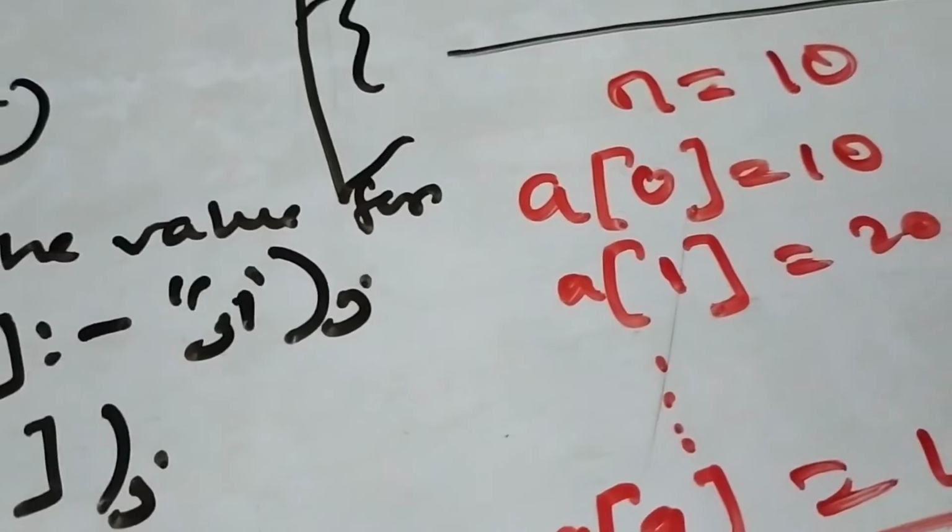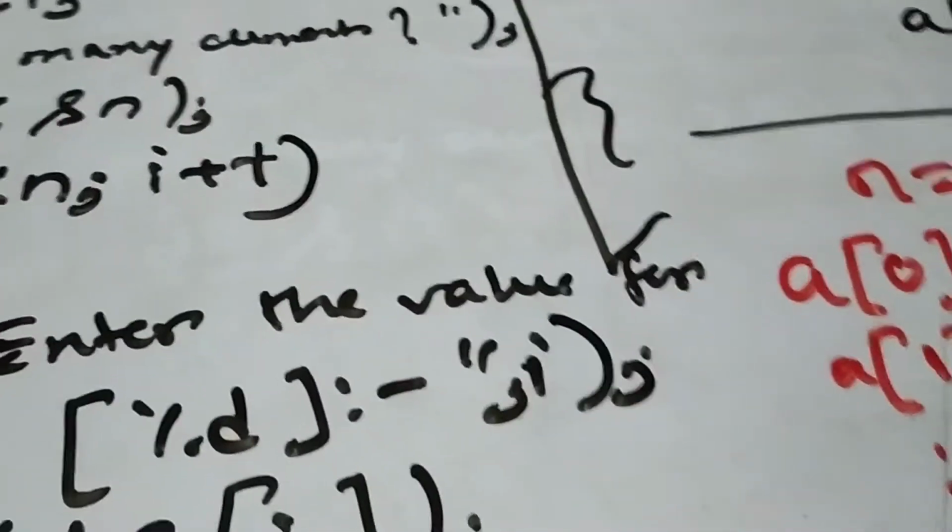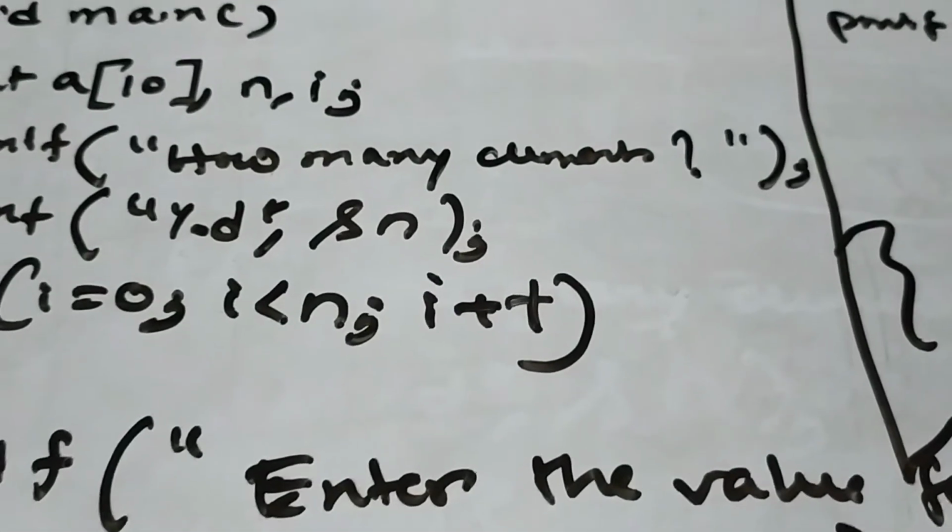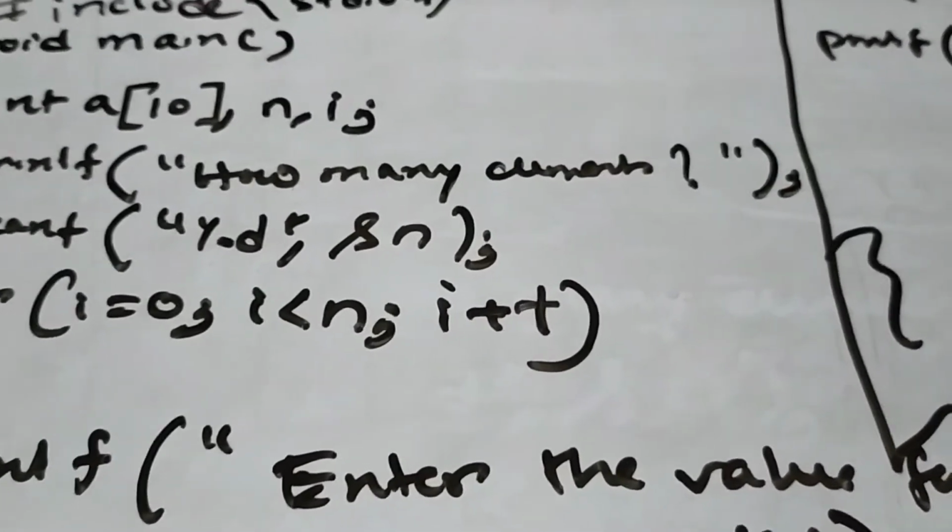The output of this program will be like 10, 20, 30 up to 100. So in this way I have discussed a basic program so that your concept regarding array is clear.